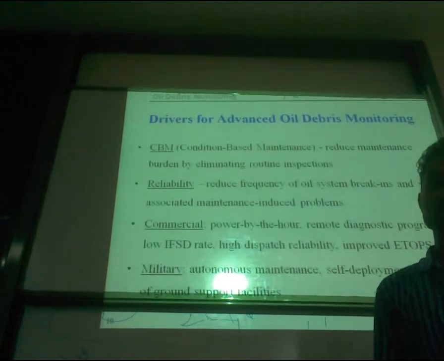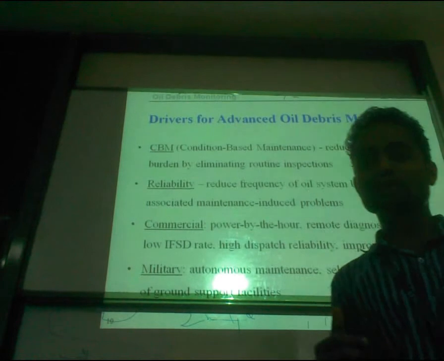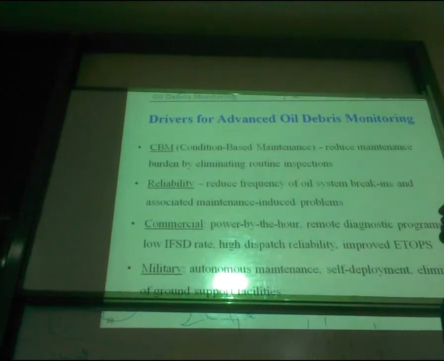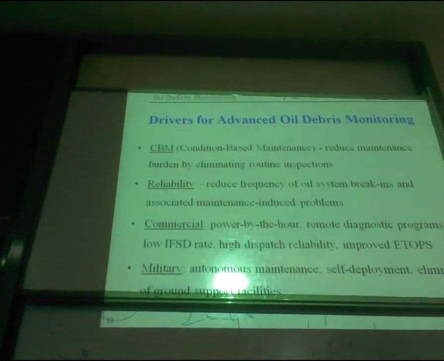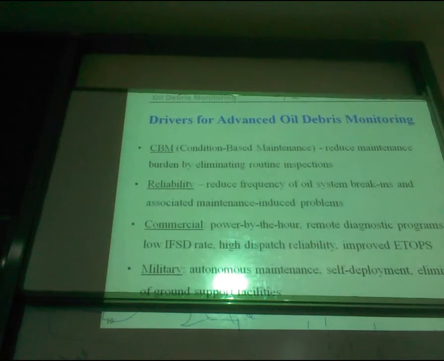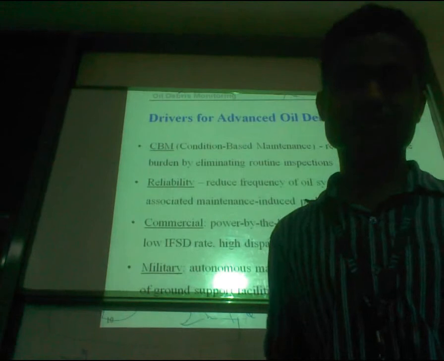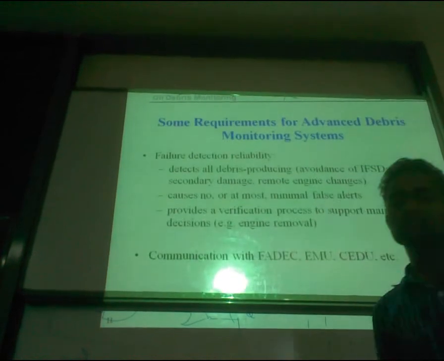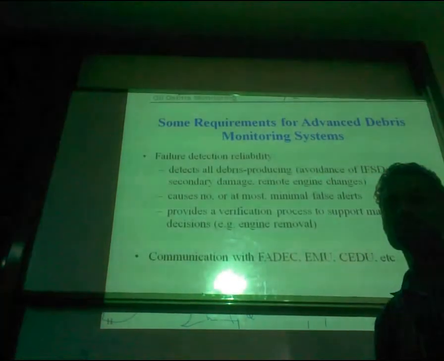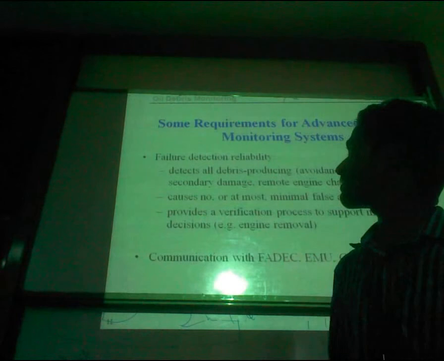These are the price advantages for oil debris monitoring. To drive oil debris monitoring, it should be reliable, commercial, and very easy. Some requirements for the advanced debris monitoring system are given here.